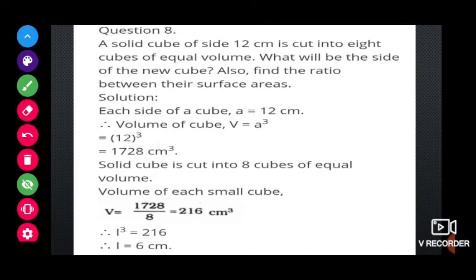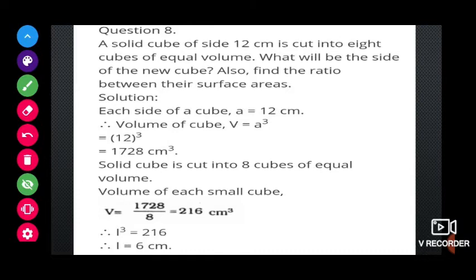Here, the solid cube of side 12 cm is cut into 8 cubes of equal volume. What will be the side of the new cube?